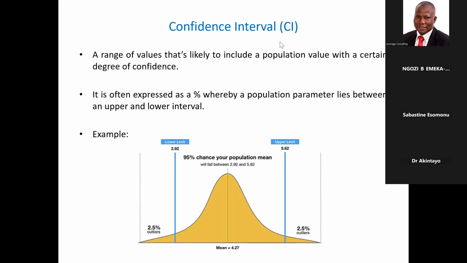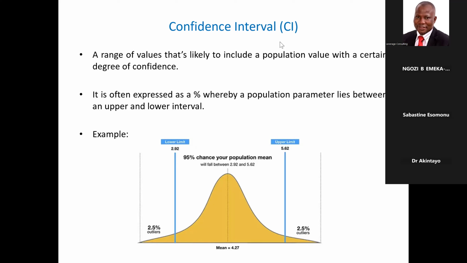The thing has been plotted using a normal distribution, and we have already said that the area under the graph is 100% or 1. So here, we have 95% in the middle. The 95% is between the lower and upper, while the remaining 5% is outside.